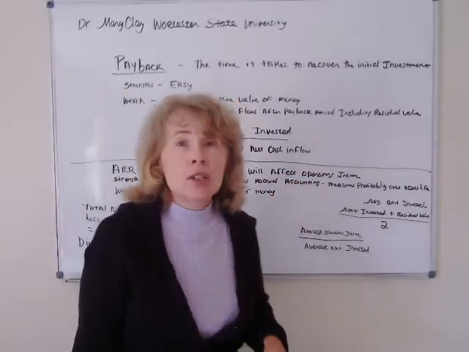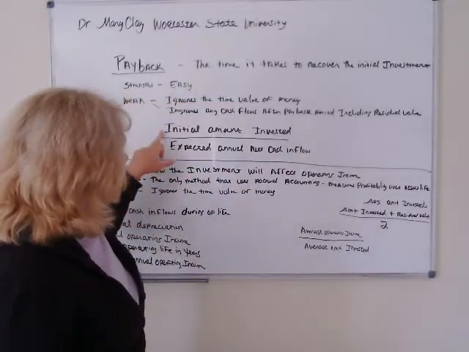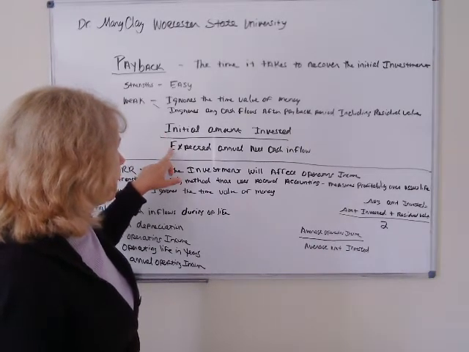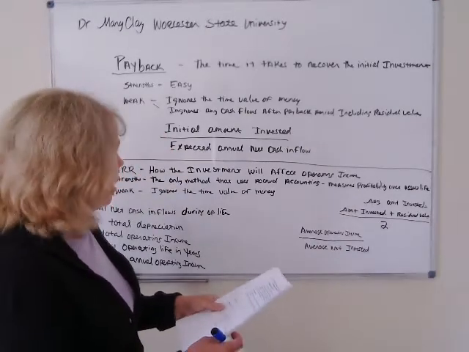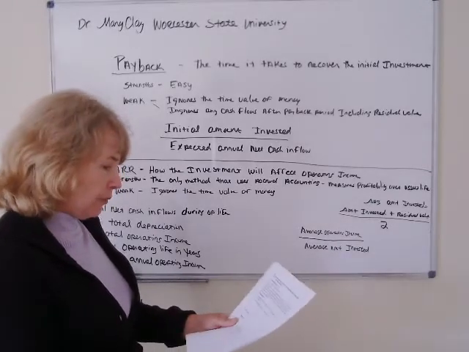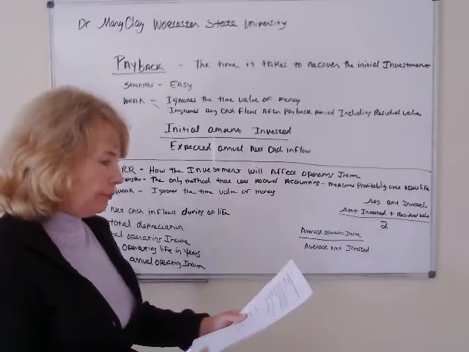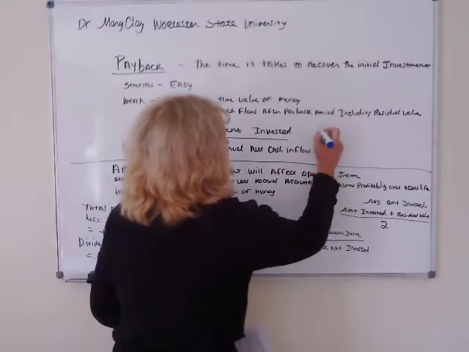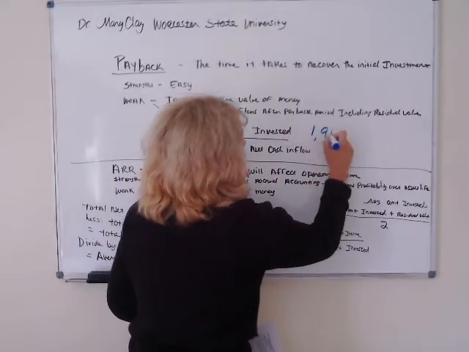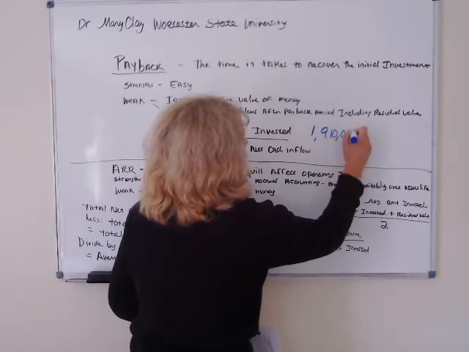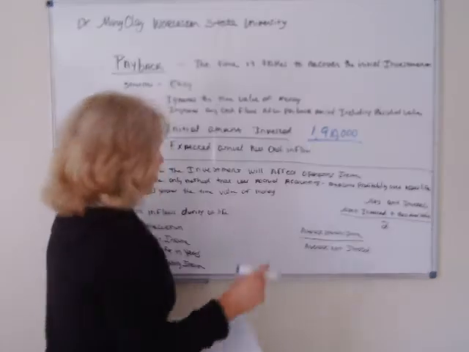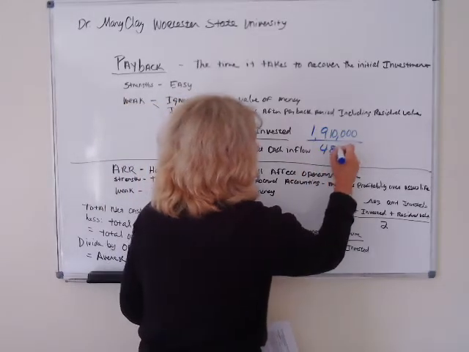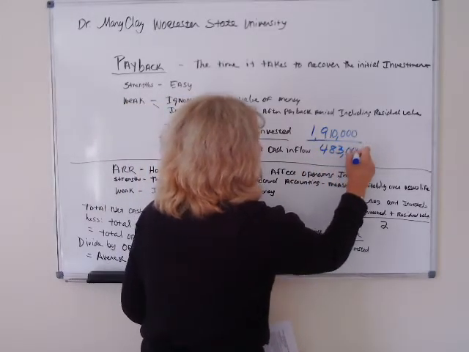Okay, so here's how you do it. Your numerator will be the initial amount invested. Your denominator will be the expected annual net cash inflow. All right, so we just go to the problem. What was the initial amount invested? It's $1,910,000. And then we divide that by the expected annual cash inflow, and this particular problem said it was $483,000.